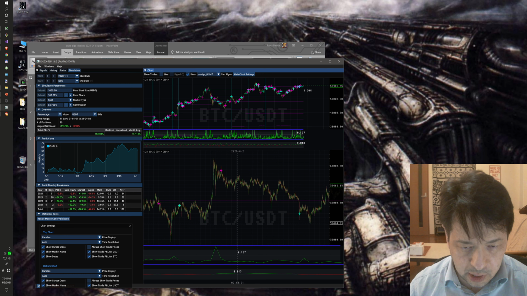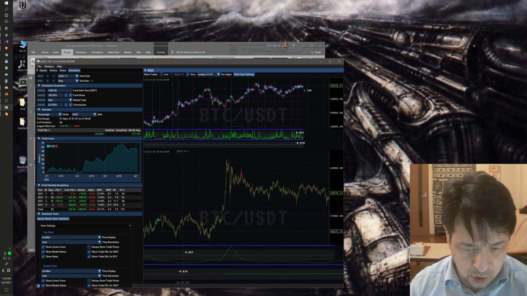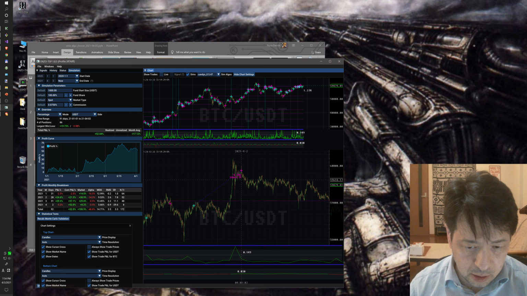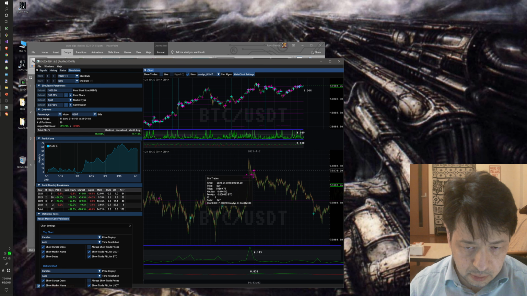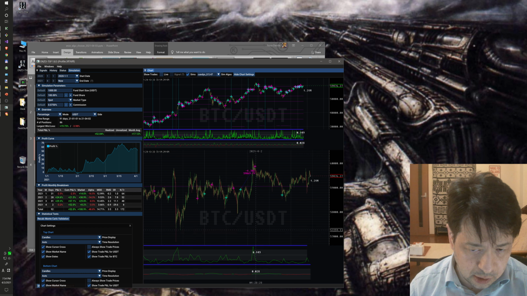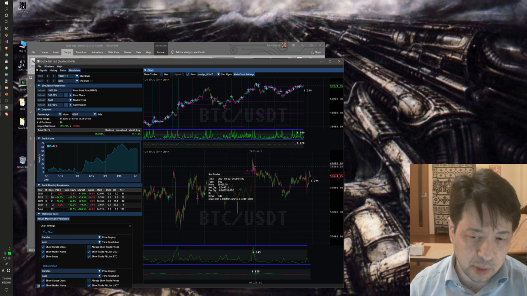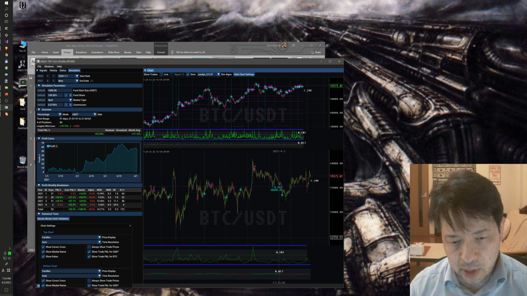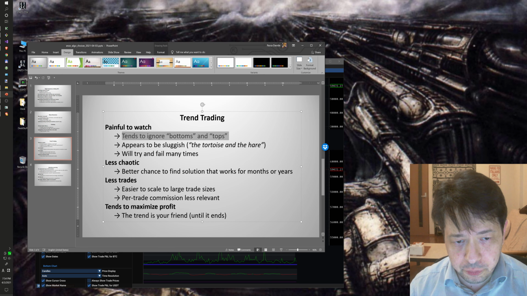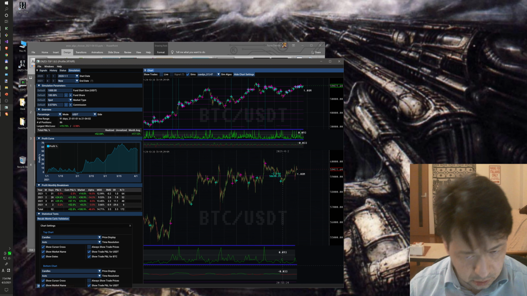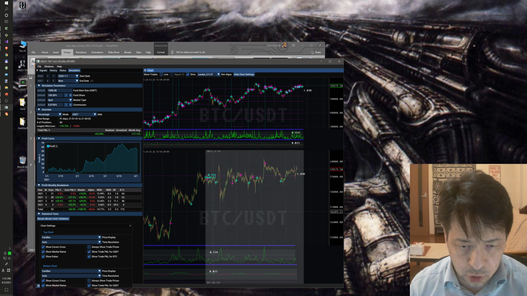So here is a nice situation where through 2 hours it went up, but by the time the trend following system decided that perhaps there was an upward movement, it was basically too late, and then the price went back down. And so it appears to be sluggish, and then it will try and fail many times, the trend trading approach, like it is shown here.